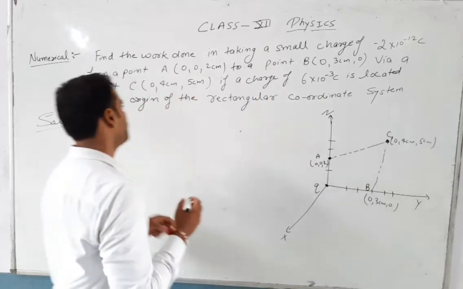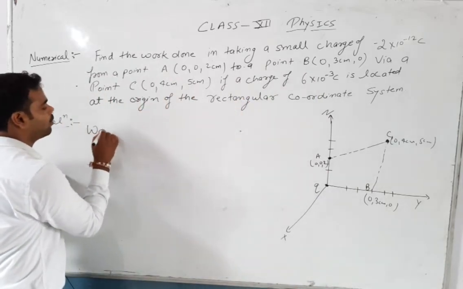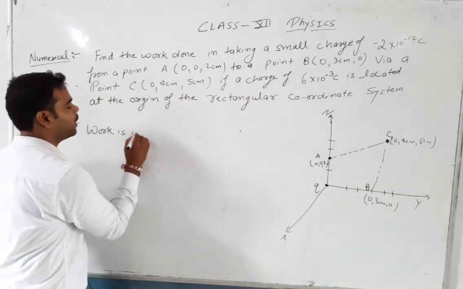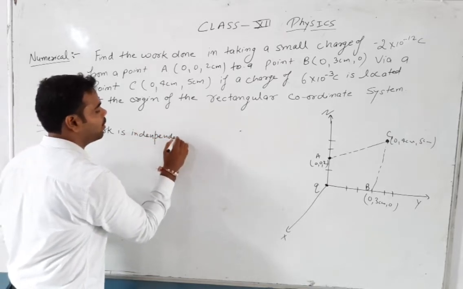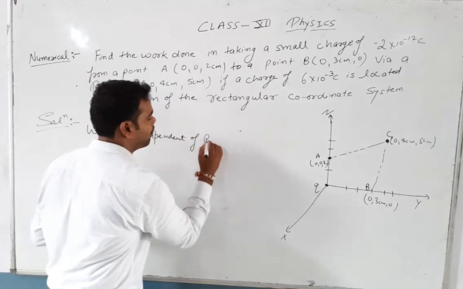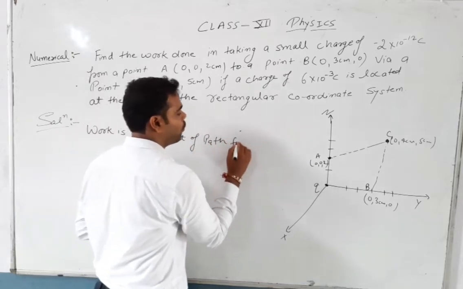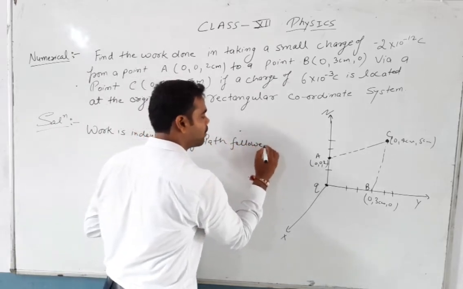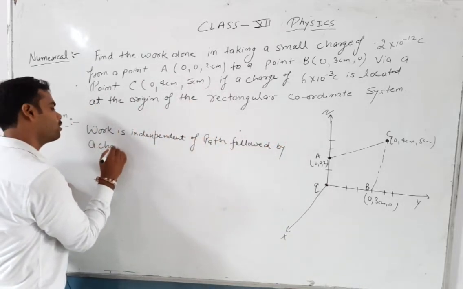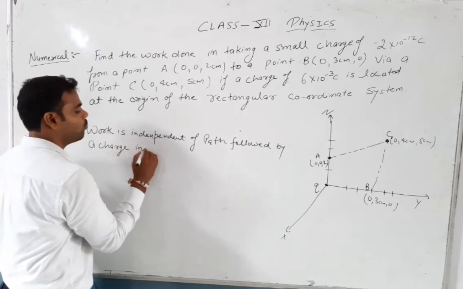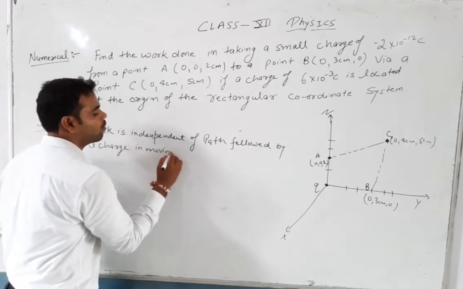So the first point is: work done is independent of the path followed by a charge in moving from one point to another.